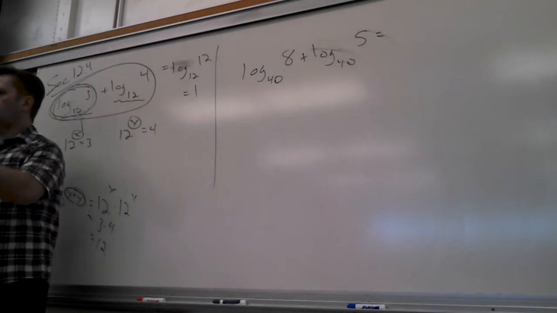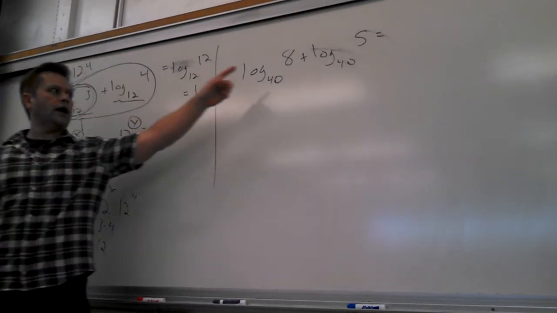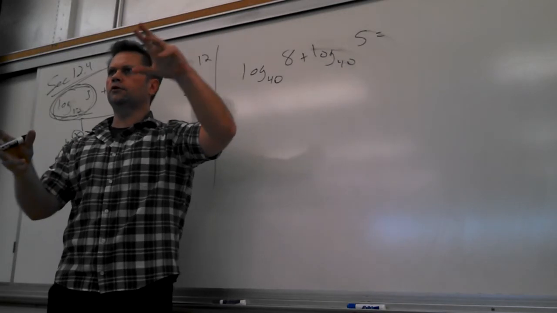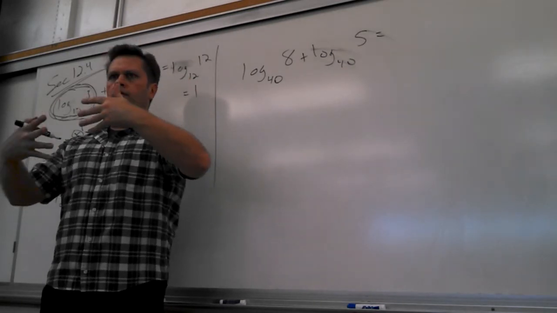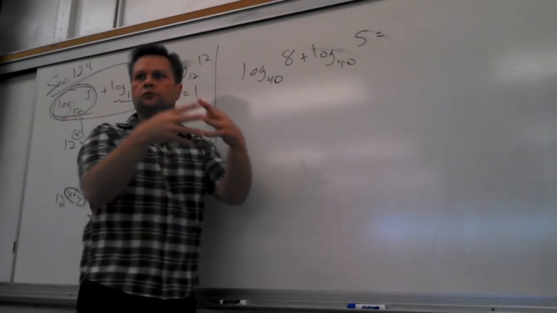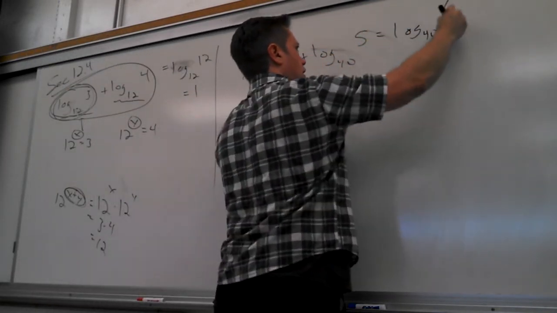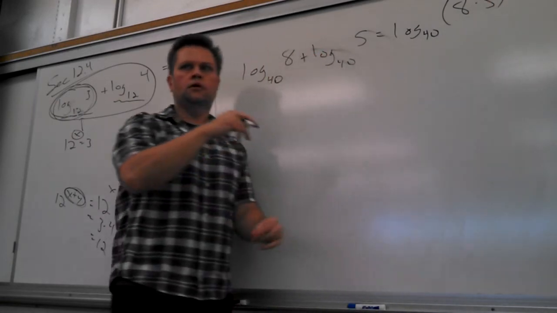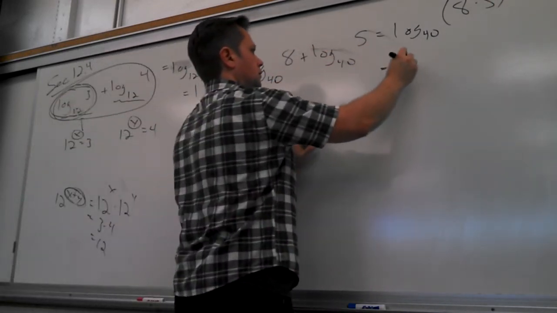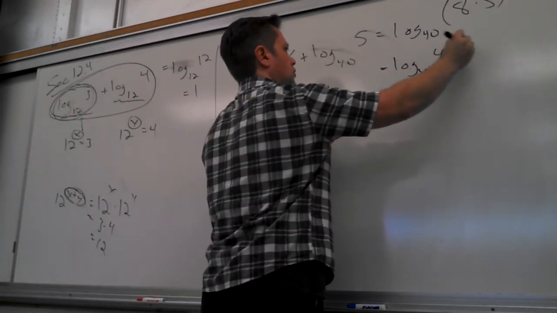How do you do that? When you add powers, logs are powers. So when do you add powers that have like bases? When you were multiplying the two things, right? So this would be log base 40 of 8 times 5, log base 40 of 40, which is 1.